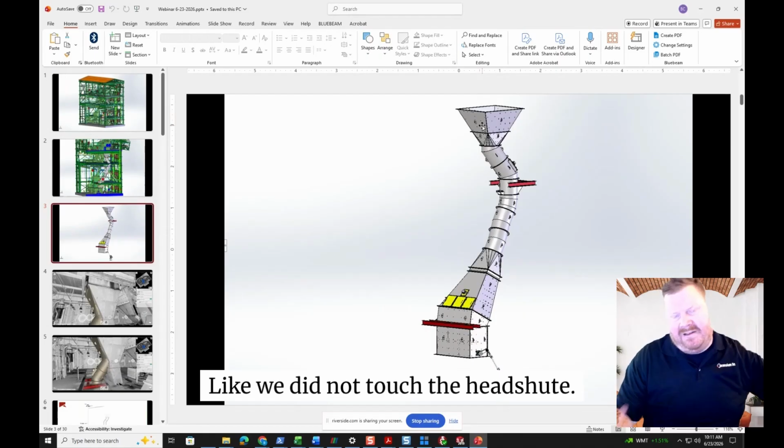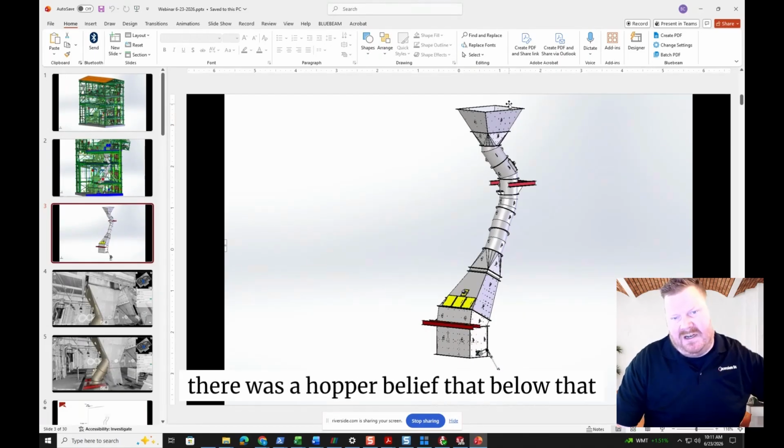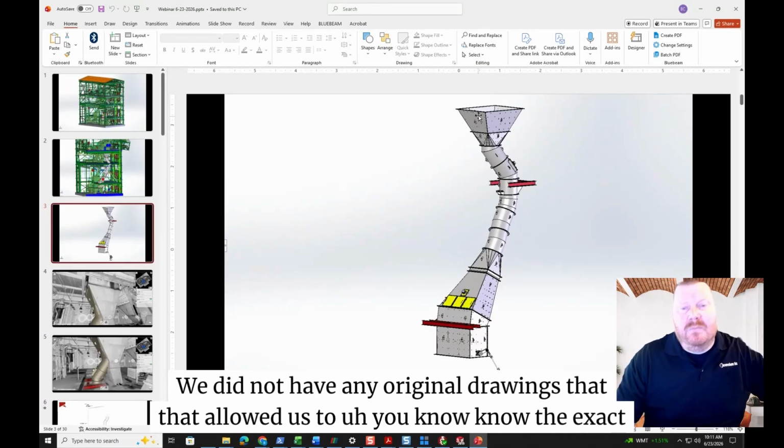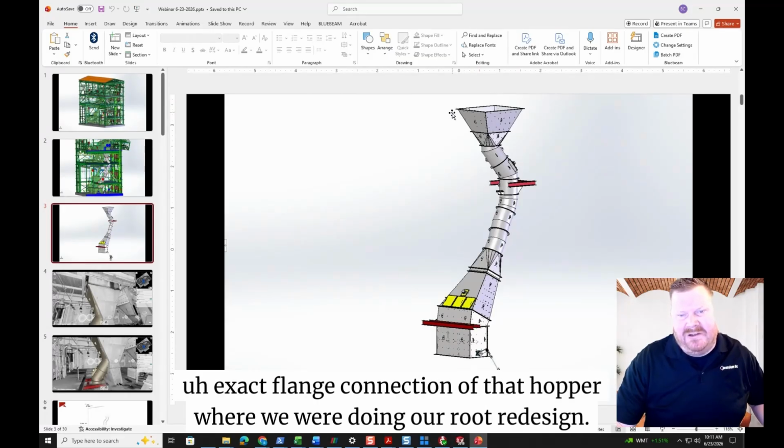We did not touch the head chute. There was a hopper below that head chute mechanism that deals with magnetic separation and sampling. We did not have any original drawings that allowed us to know the exact flange connection of that hopper where we were doing our redesign.